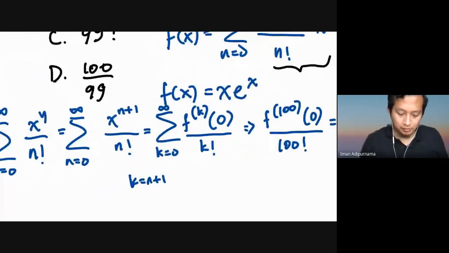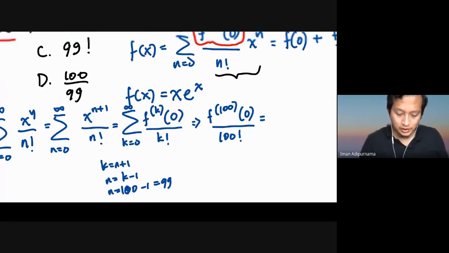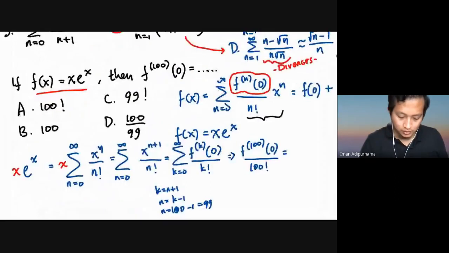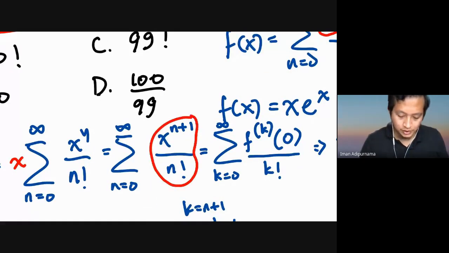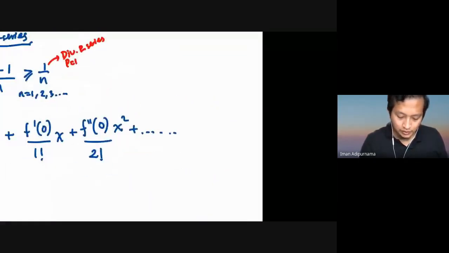Now you have n plus 1, right? So n is k minus 1. So n is 100 minus 1. It's 99, right? So in terms of this equation, because this has n plus 1, imagine that you have 100 like that. And this part has n plus 1, which is 99 here.